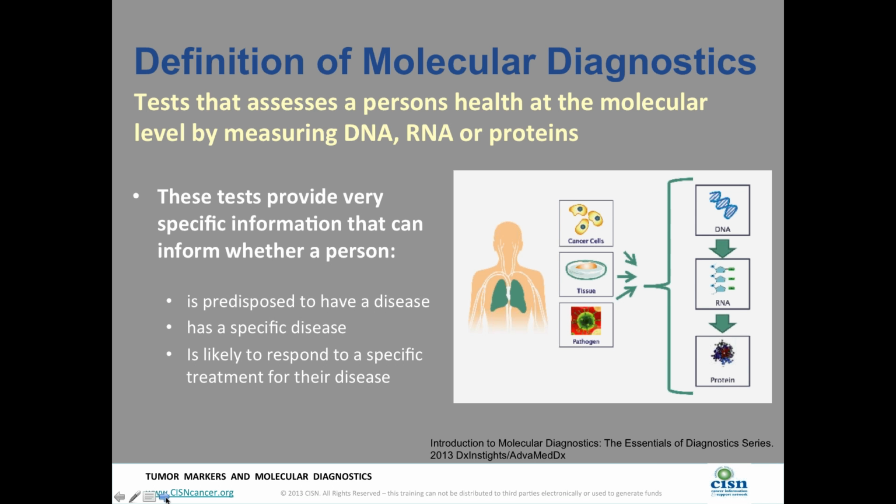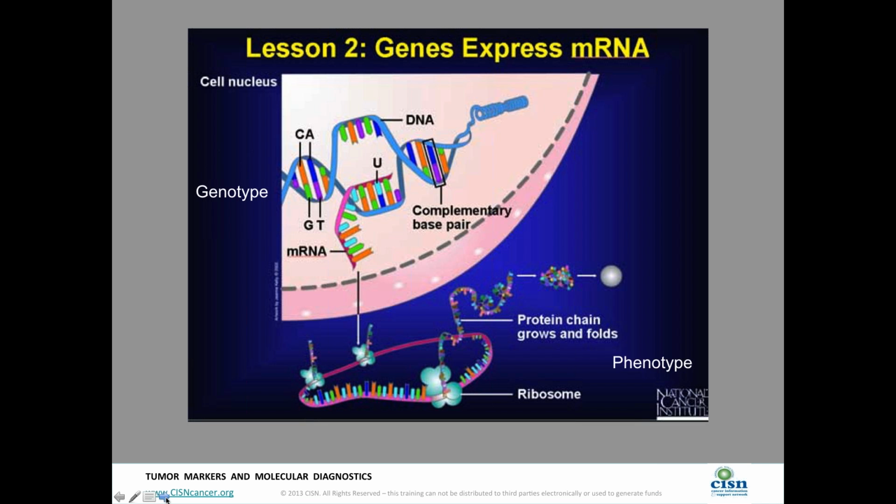In the cancer world, it'll inform you about the person, and the things it can tell you, which Peggy has gone over too, are the predisposition to have a disease, whether you have a specific disease, and then maybe if you're likely to respond to a specific treatment for a specific disease. These are some of the things you could get from a molecular diagnostic test. I wanted to go over this again.